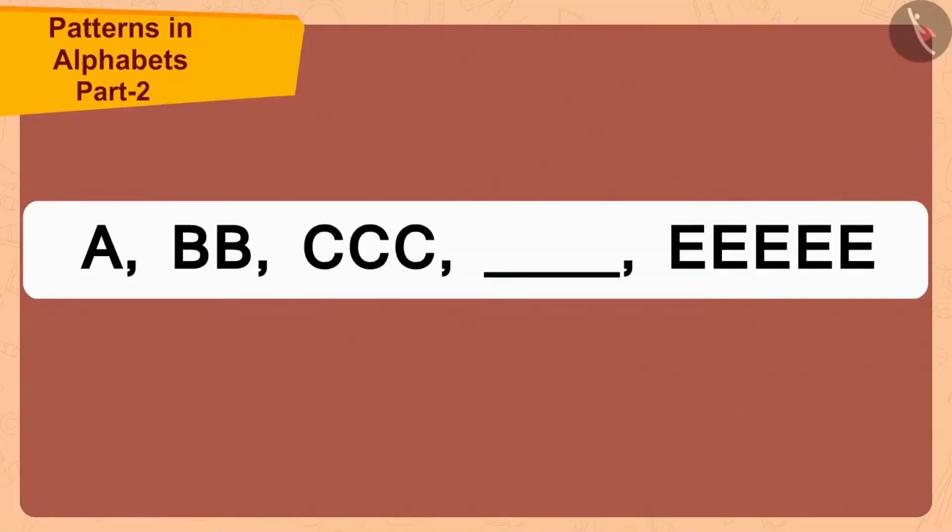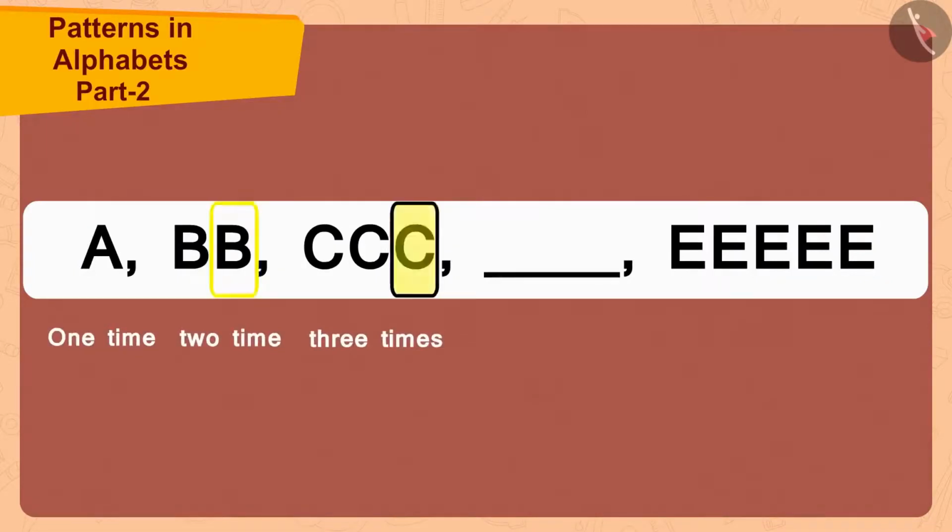Here, the letters are written in sequence, and each time the letters are being added to the pattern, the number of times that letter is being repeated is also increasing by 1.